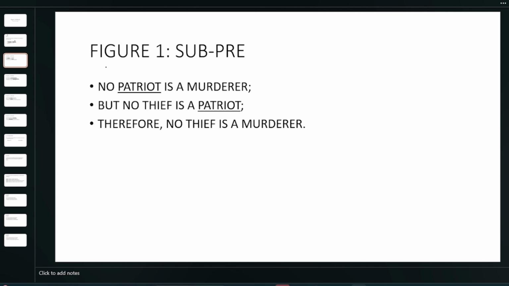Now, it can also be alternated like in figure 4, but to make it simpler, you only need to think that sub is on the left side while pre is on the right side.